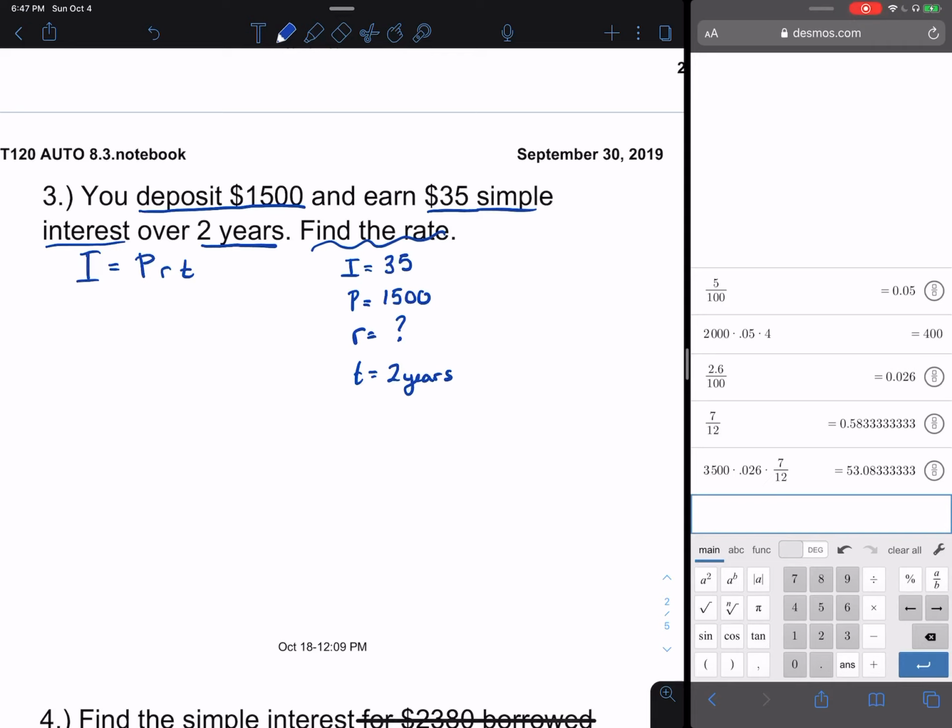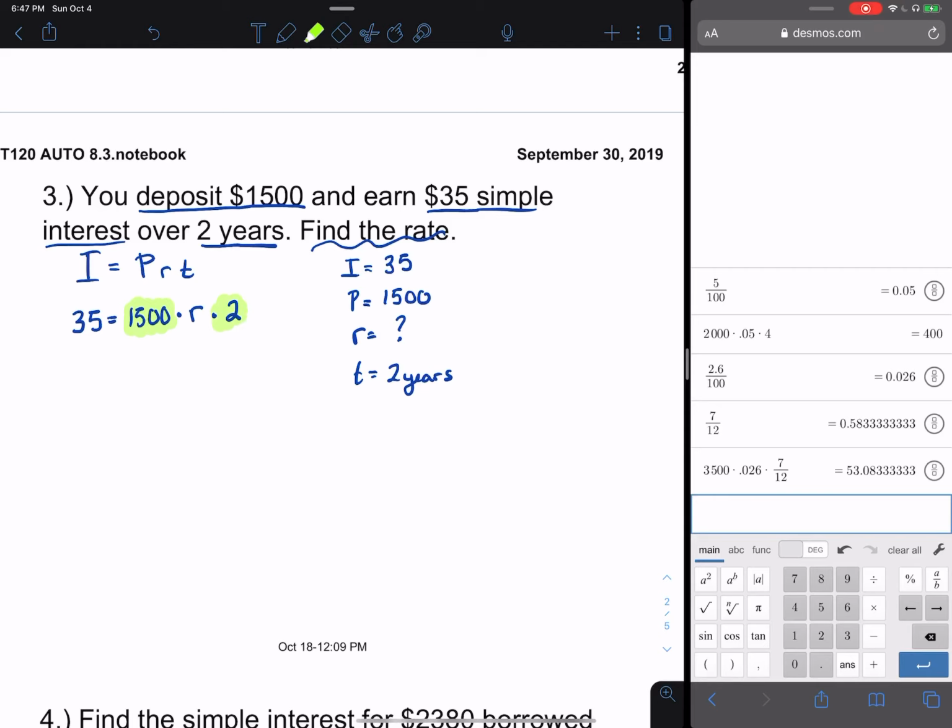I'm going to substitute in everything I know. So the interest was $35 equals the principal, $1,500, times the rate, we don't know it, so I'll leave it R, times the time, the 2 years. Now notice on this right-hand side we have multiplication.